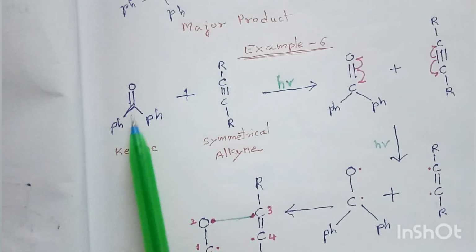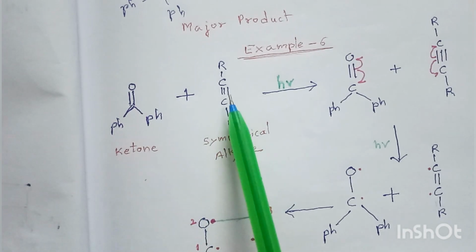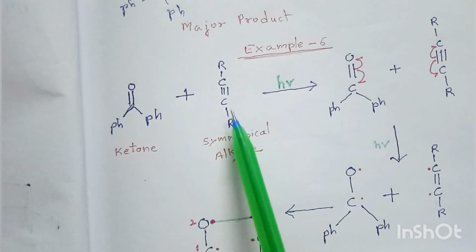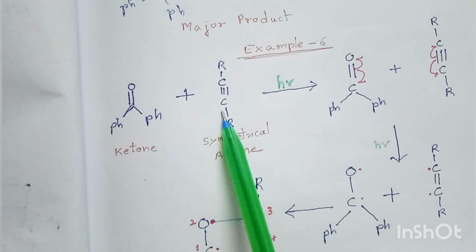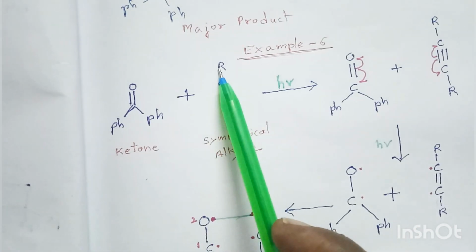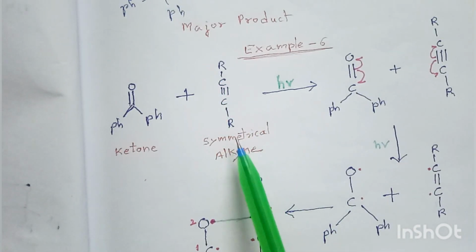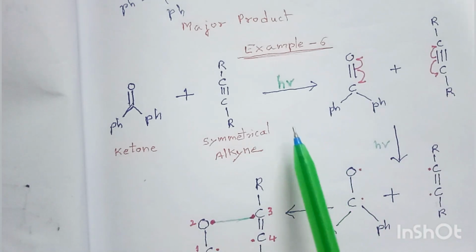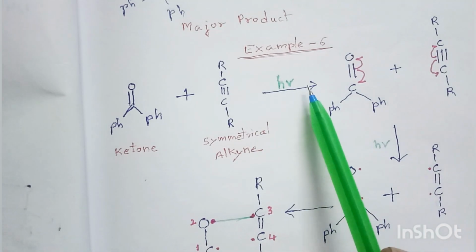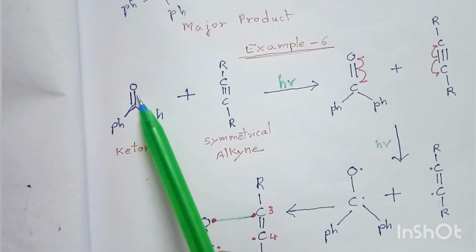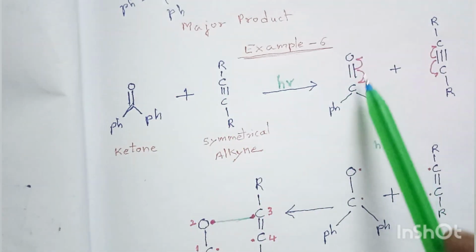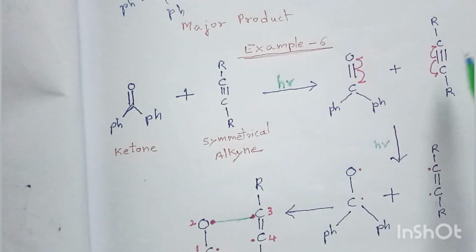This is a ketone, that is benzophenone. This is alkyne. C triple bond C, R and R here. So this is a symmetrical alkyne. Upon irradiation by UV light, this pi bond cleaves, forming two radicals. We know that.